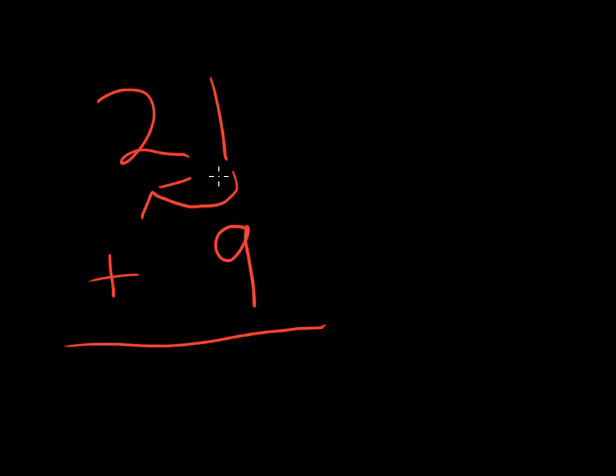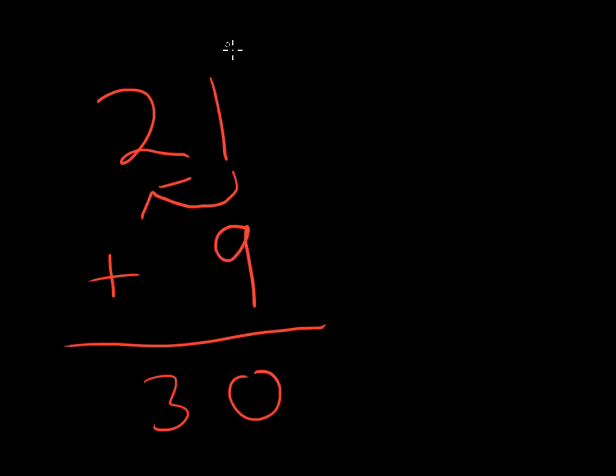So if we add these together, then we get 30. Now I think it's pretty obvious this is a multiple of 3 here. This is basically how the trick works, is you're adding 9s. So yeah.